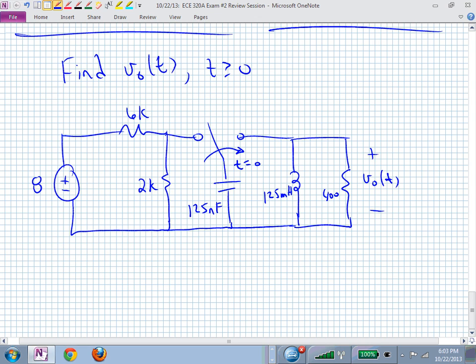It's going to be an open circuit, and you'll simply have that 8 volts divided between the 6K and the 2K. And the voltage across that capacitor is going to be the voltage across that 2K ohm resistor, which is 2 over 2 plus 8 Ks times 8, right?